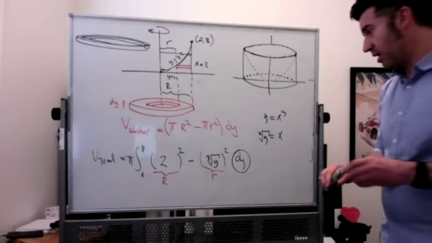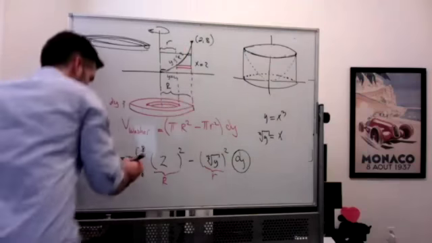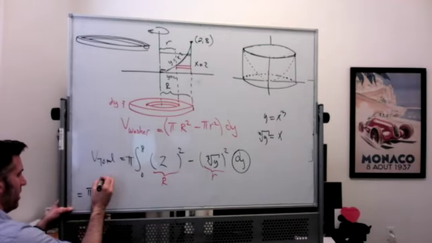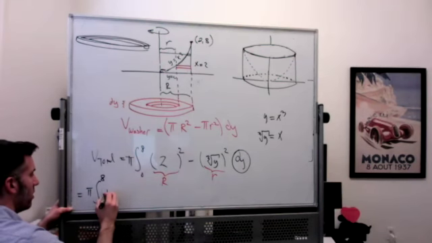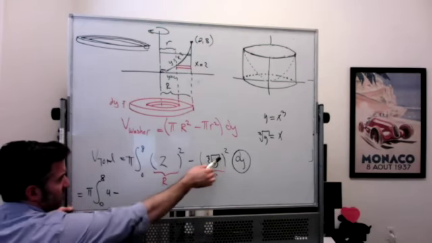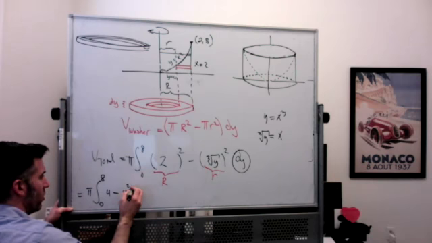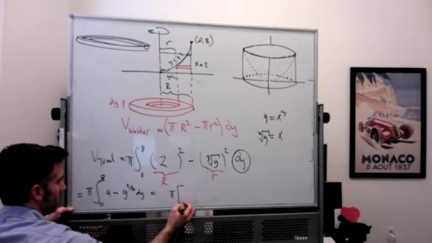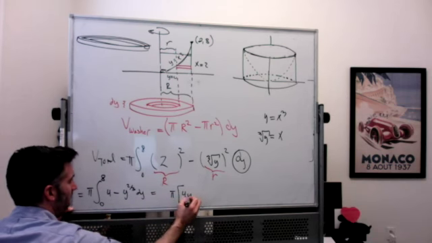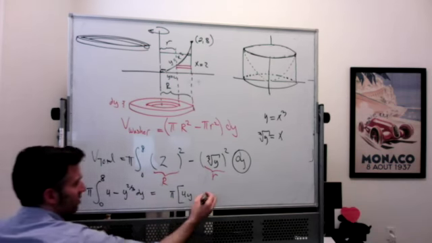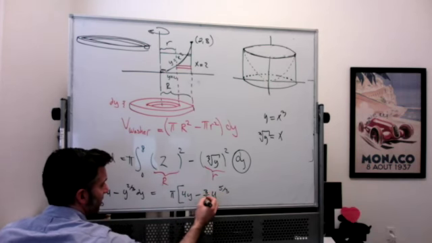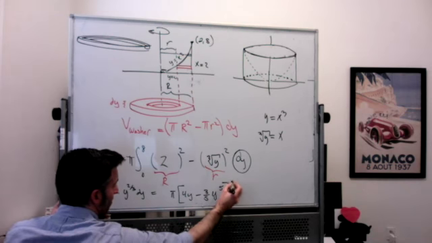Evaluating this is not super challenging, right? This becomes pi integral from 0 to 8 of 4 minus the cube root of y squared, which is y to the 2/3. So integrating, we get pi times the integral of 4, which is 4y, and the integral of y to the 2/3 is y to the 5/3 times 3/5, from 0 to 8.